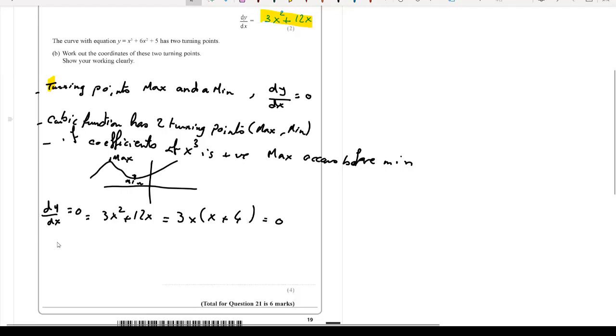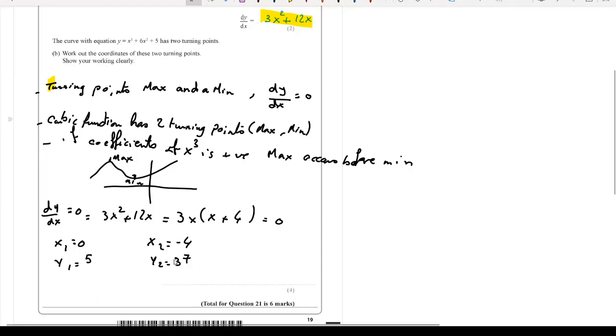So we have two solutions here: either x1 is equal to 0 or x2 is equal to -4. If we substitute x equals 0 in the curve, this gives y equal 5. So the first point is (0, 5). The second point, if we put -4 in the curve, then we get y2 is equal to 37.